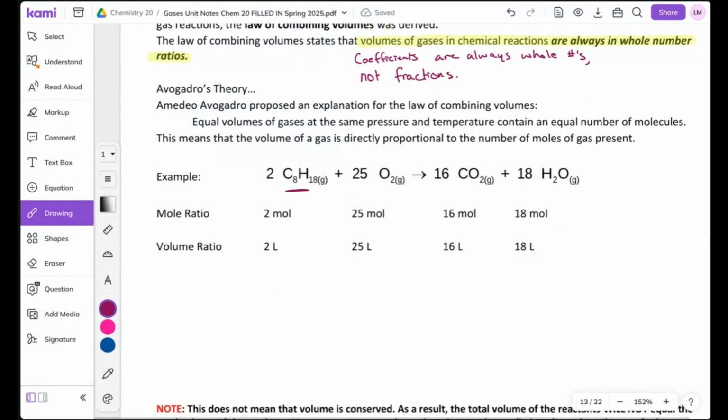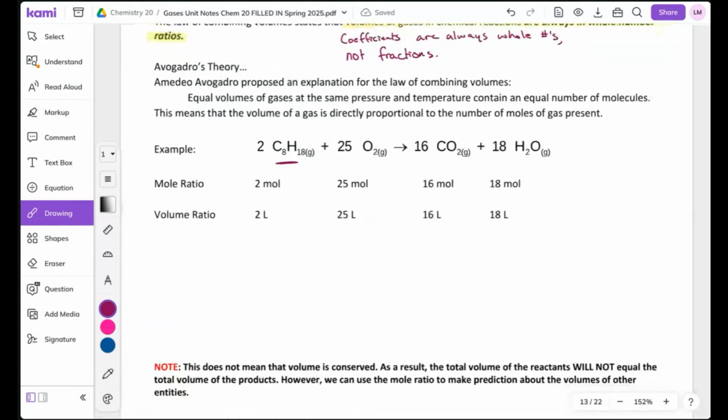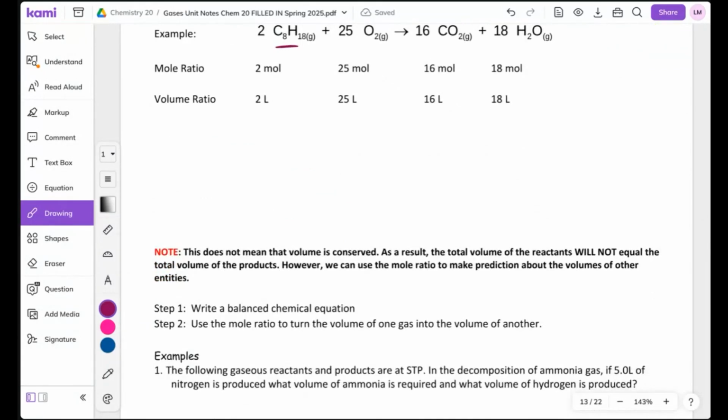If you're wondering how this is going to work out in a calculation, we're going to get to this in a bit. But first we need to know that volume is not conserved. So the total volume that you get if you add up the coefficients of the reactants is not going to equal the total volume of the products.